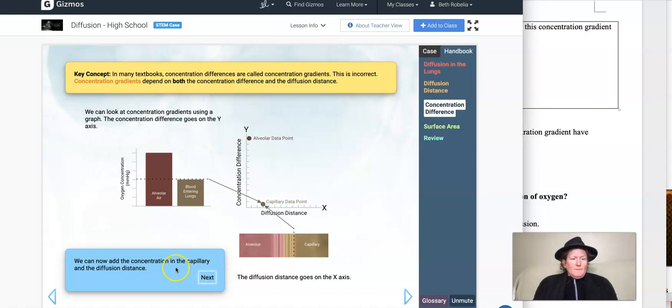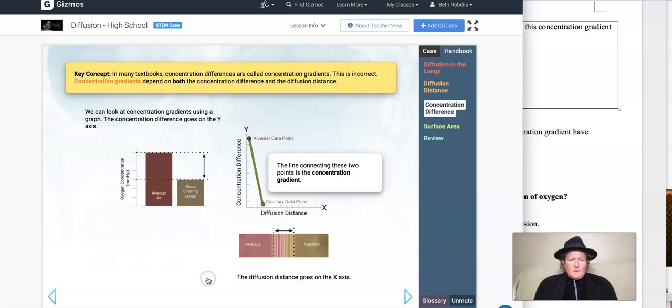We can now add the concentration in the capillary and the diffusion distance here. The line connecting these 2 points is the concentration gradient. Notice this line is nice and steep. It has a good steep slope. That leads to good breathing.